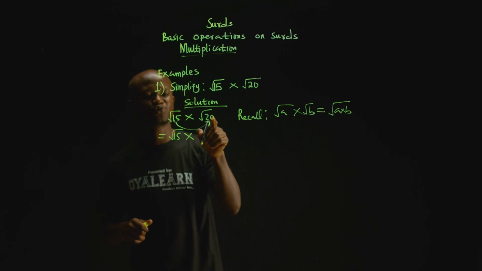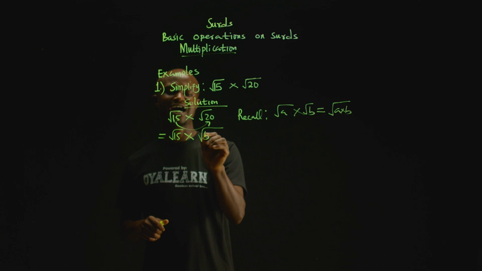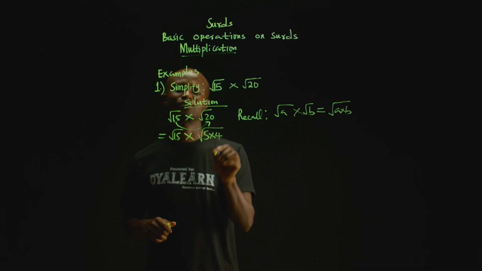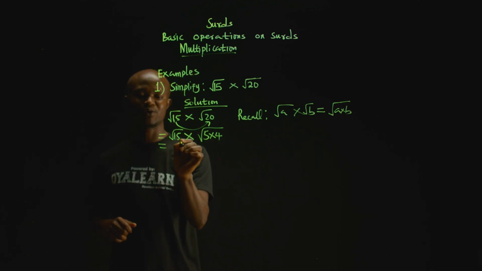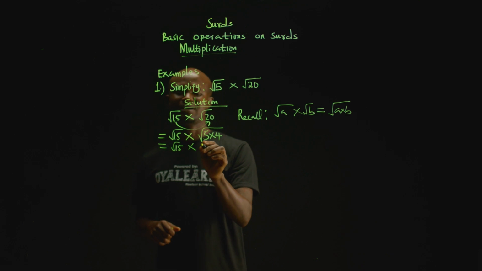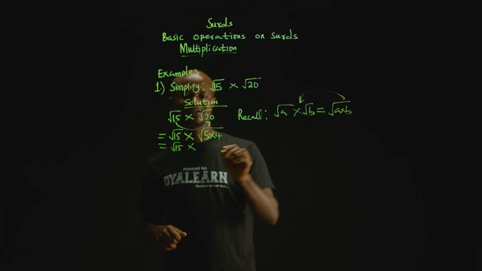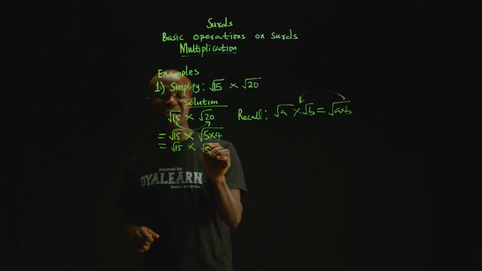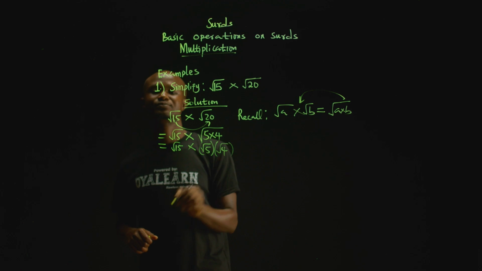But simplifying root 20 now, we have this to be what? 5 times 4, because the highest perfect square number is 4. So simplifying further, we have root 15, then multiply by what? Applying this law again, we now have root 5 times root 4.